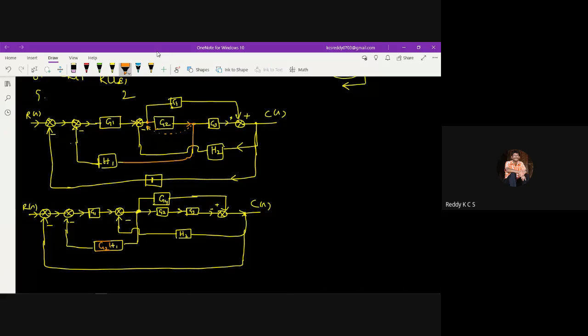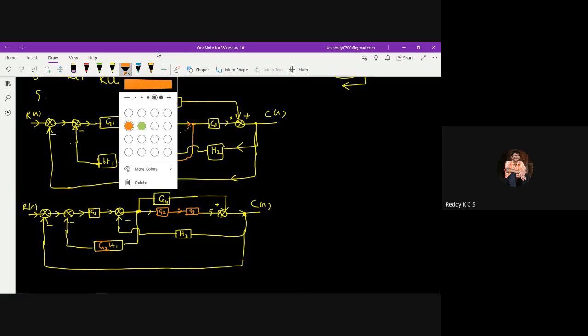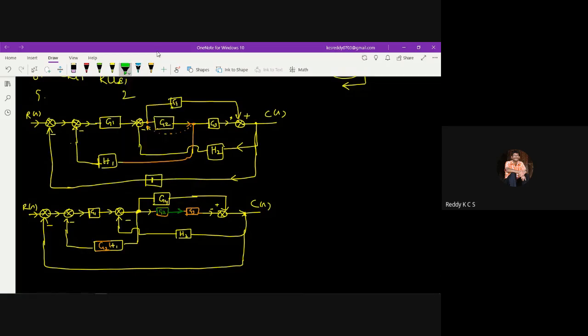So why have I done this? Why have I done shifting? Because to make this G2 and G3 series. Now this G2 and G3 will become in series. Now if you look at one more very important thing here, G2 and G3 will become series, of course. So then I can change it to one block, right?